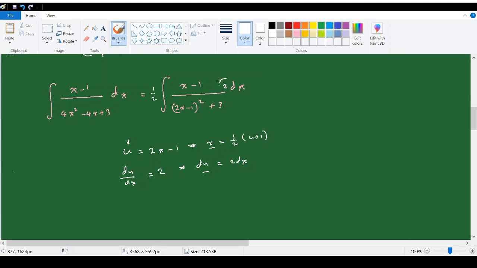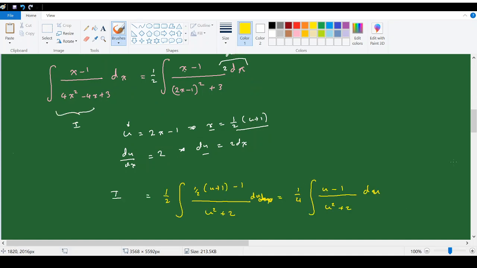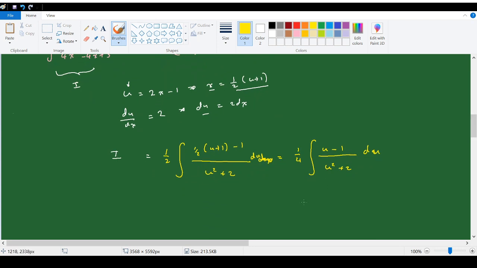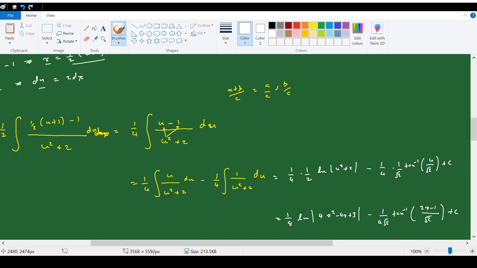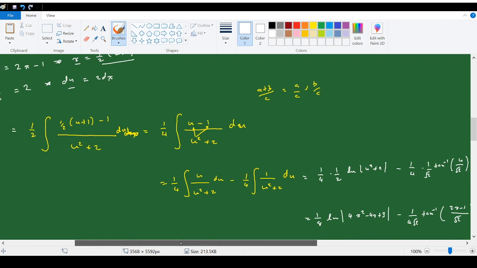Instead of this term you can substitute du, and for all the other x terms you can have this one. Therefore you can simplify it like this, and then separate the denominator into each of these two terms, like the one that we did before. We can write it like this and do the calculation like this.